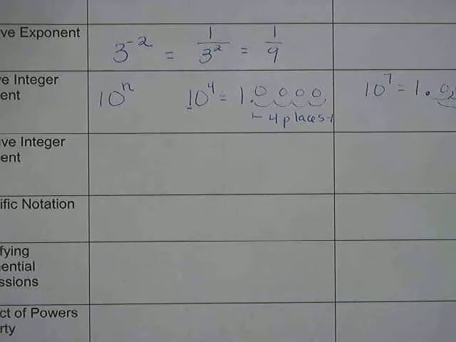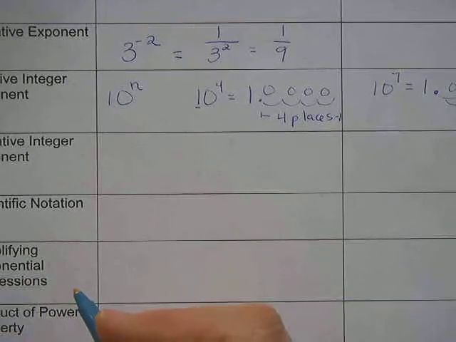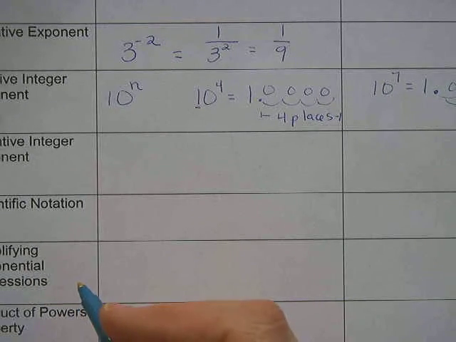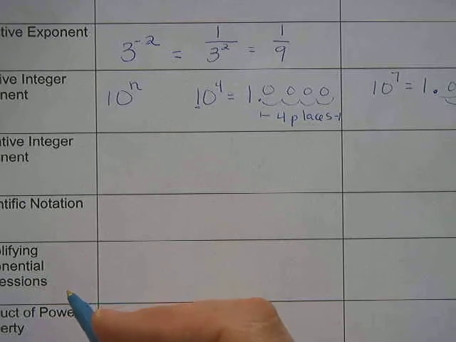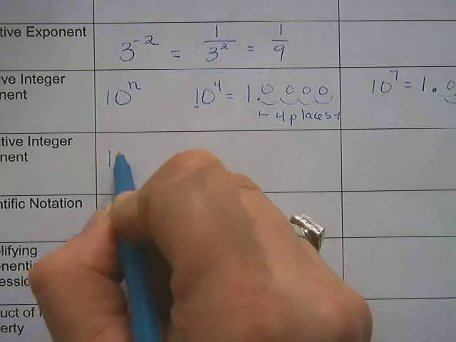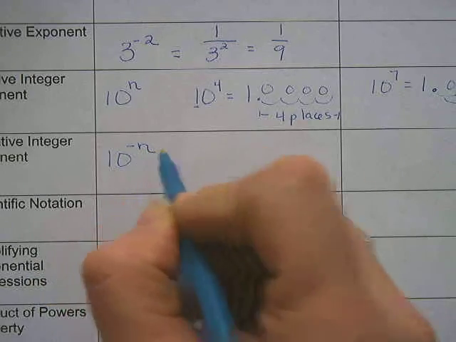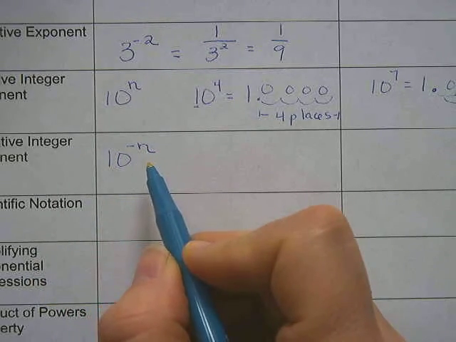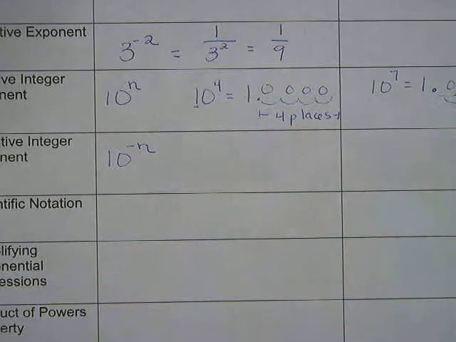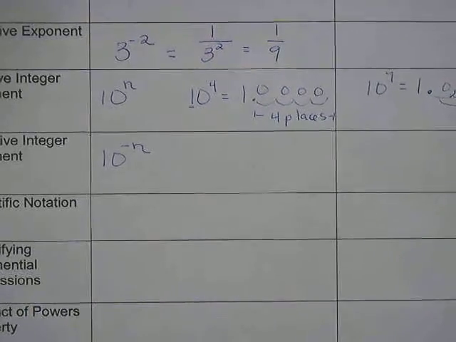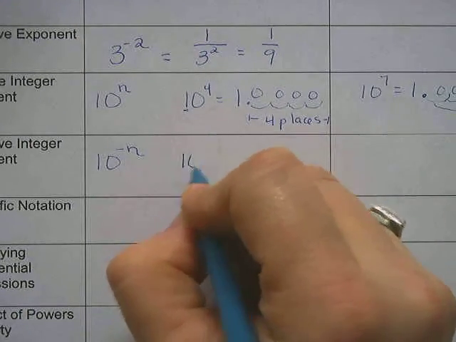Okay. All right, the negative exponent says if n is a positive integer, find the value of 10 to the negative n by starting with 1 and moving the decimal point n places to the left.